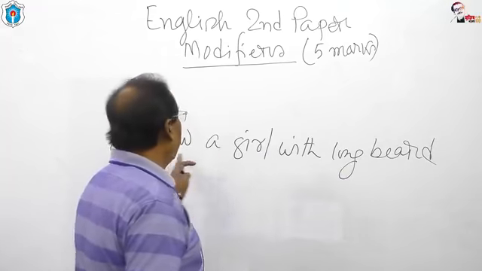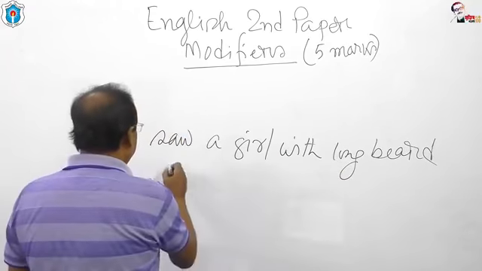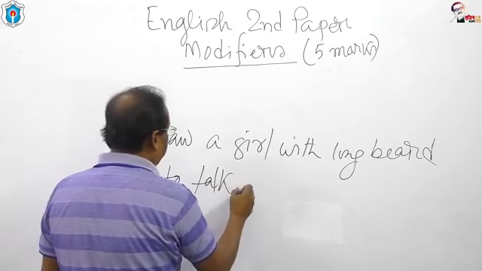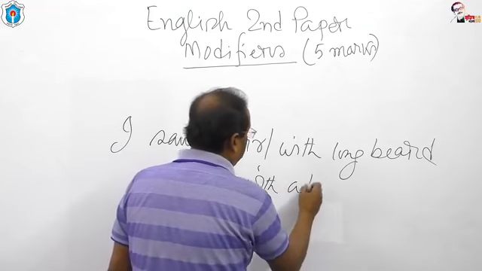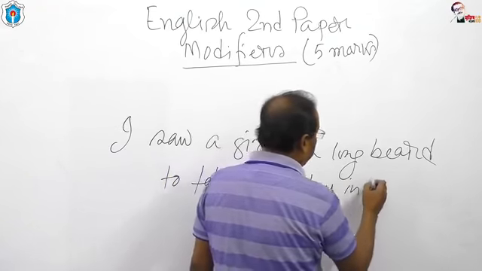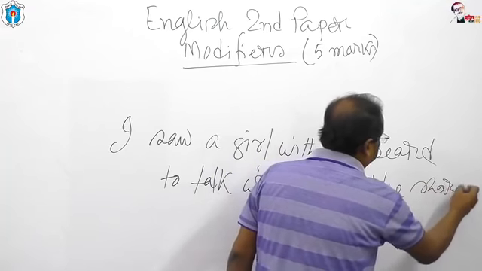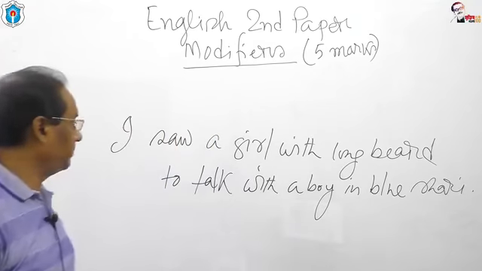I saw a girl with long beard to talk with a boy in blue sari. Look at this sentence.